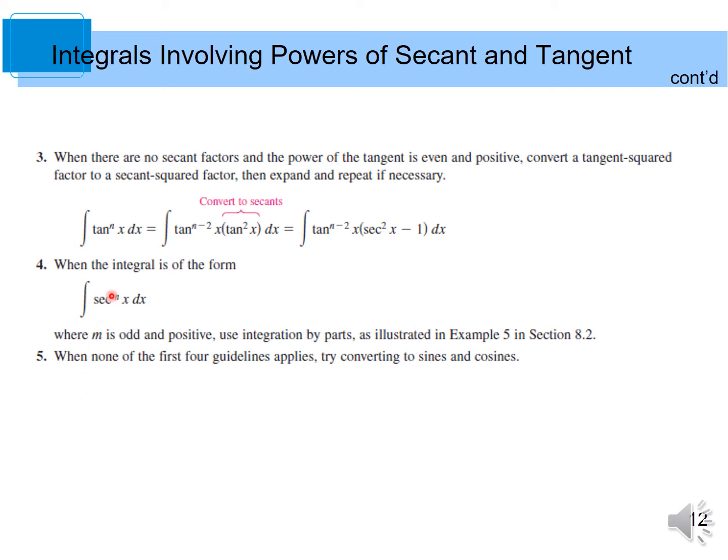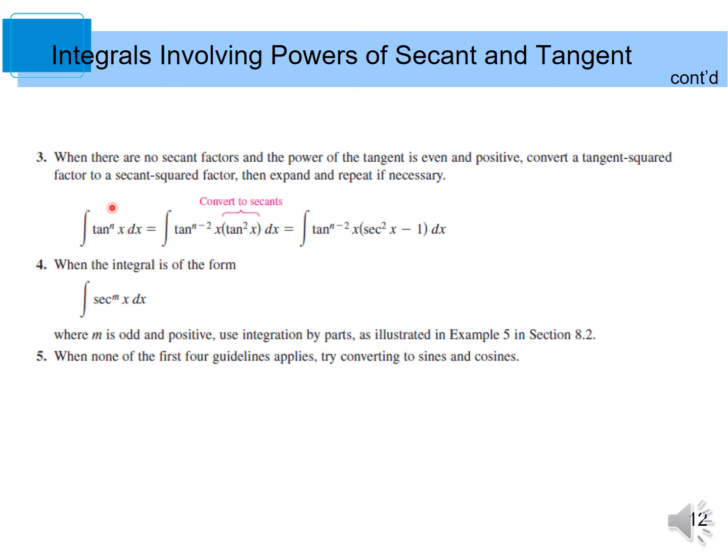For the third scenario, let's say when there are no secant factors and the power of the tangent is even and positive, convert a tangent square factor to a secant square factor. Then expand and repeat if necessary.